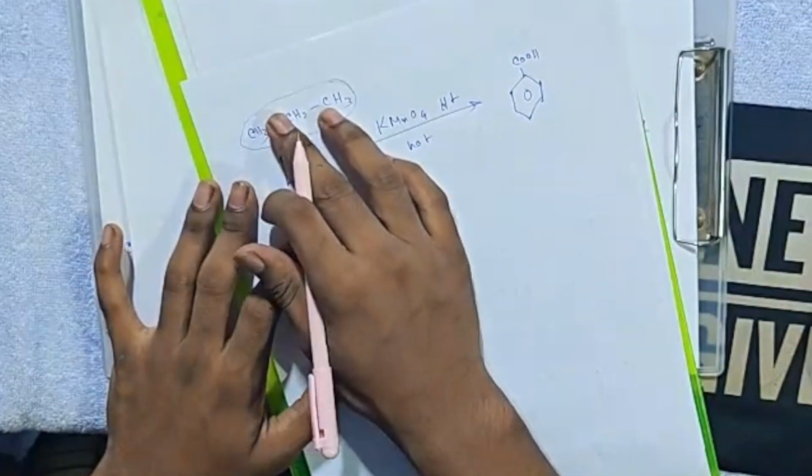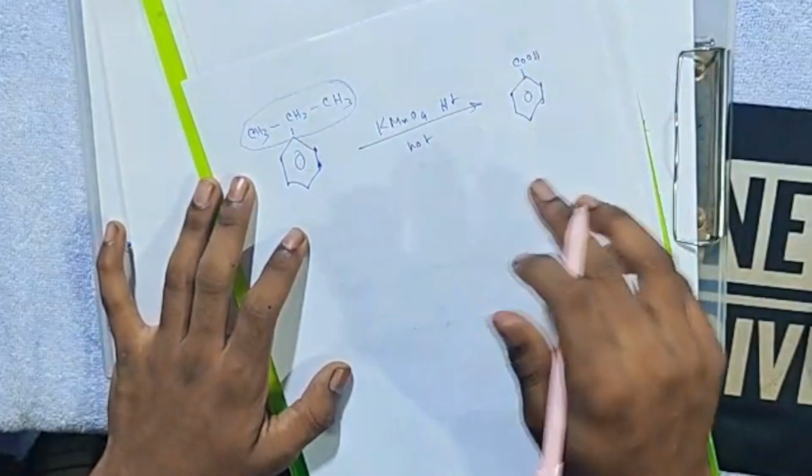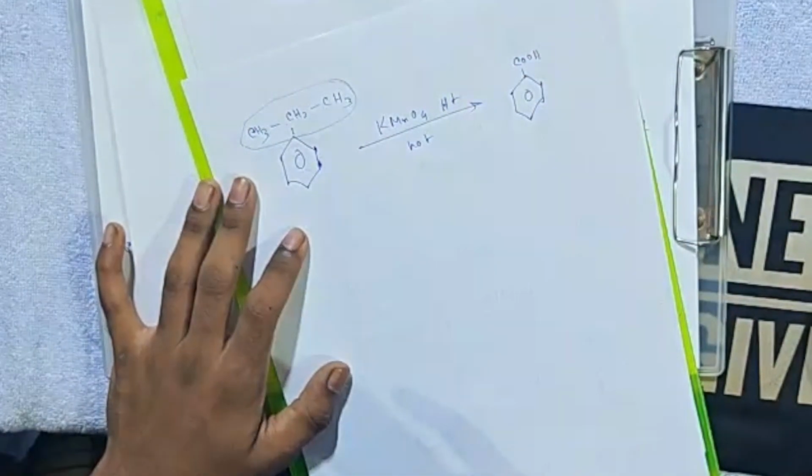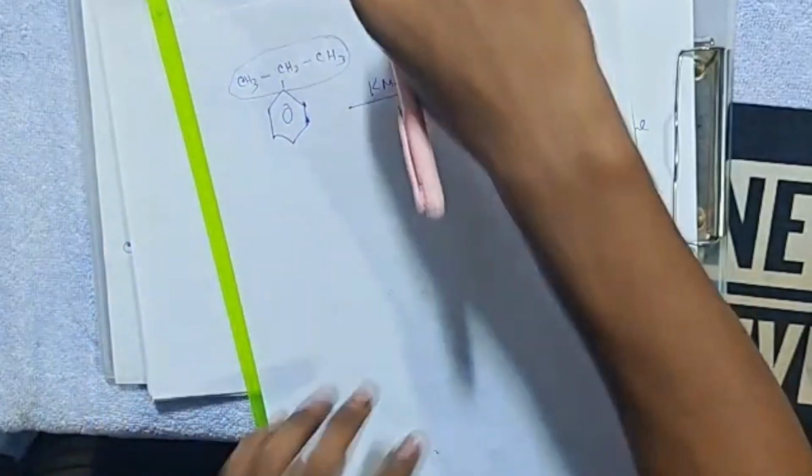Anything present here, just remove it and attach COOH if hot KMnO4, H plus is there. Remember this. Now let's go to the next reaction.